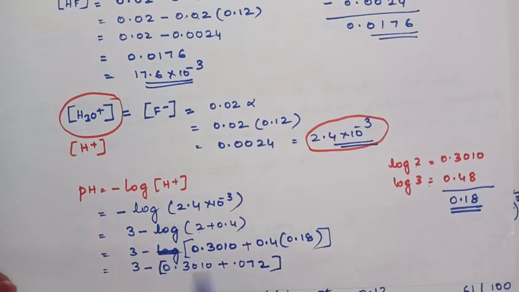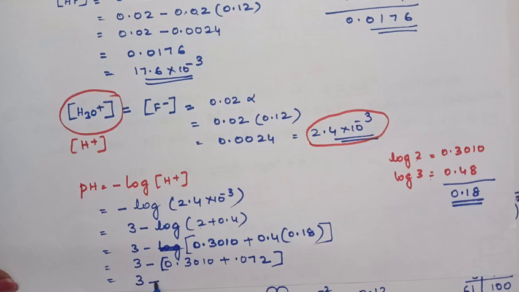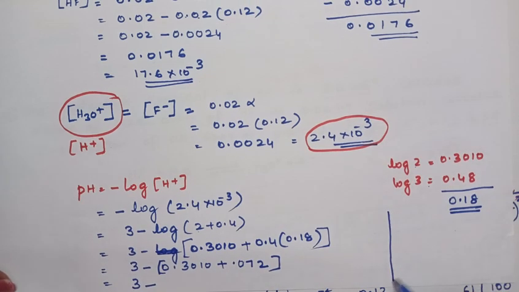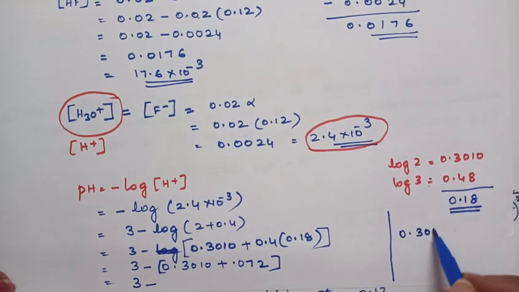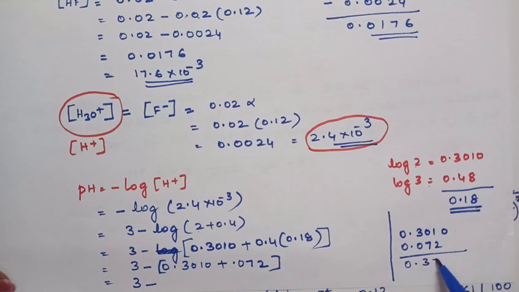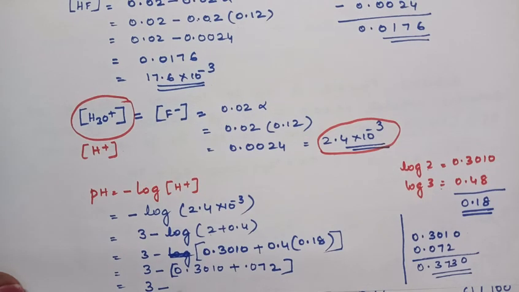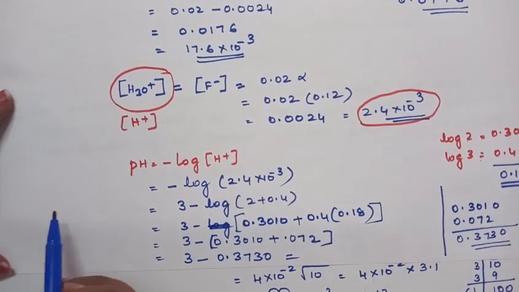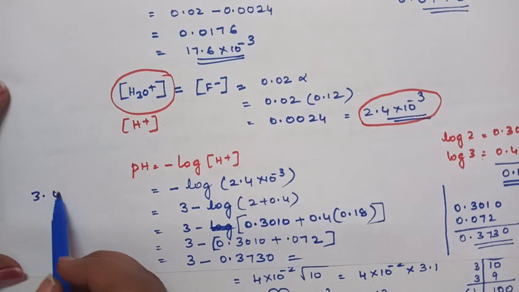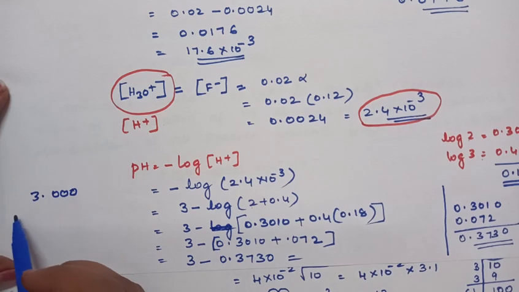Now add these two numbers. This is equal to 3 minus, when we add 0.3010 plus 0.072, we get 0.3730. Now subtract this: 3.000 minus 0.373.